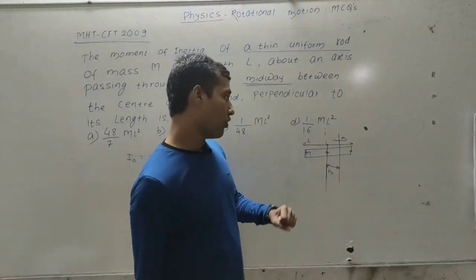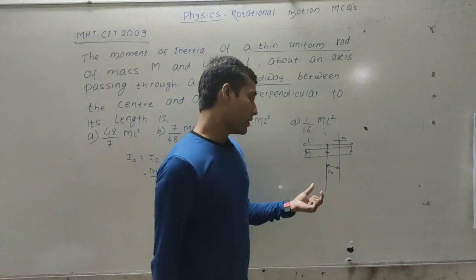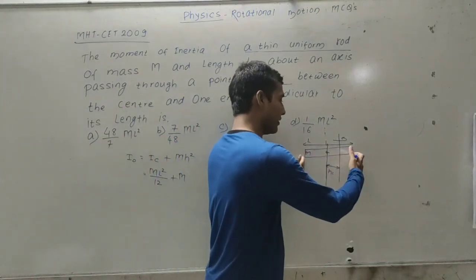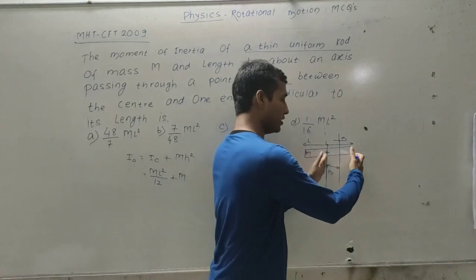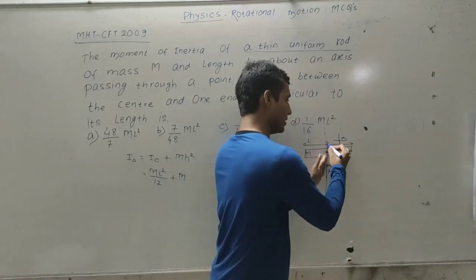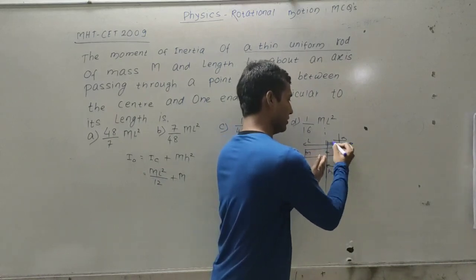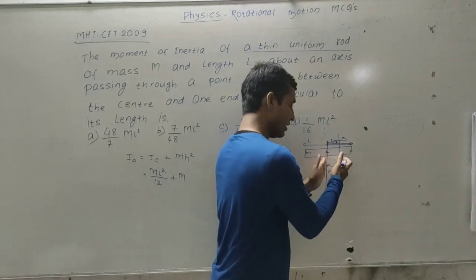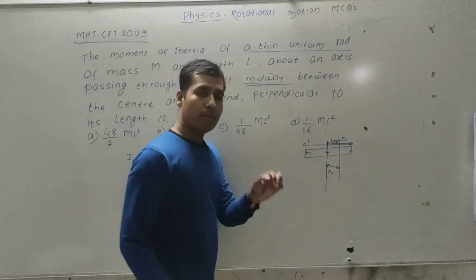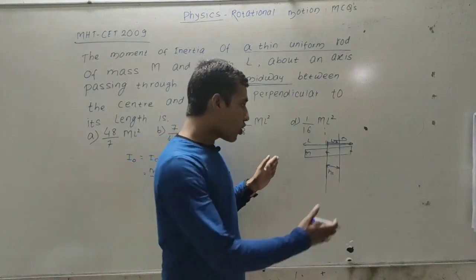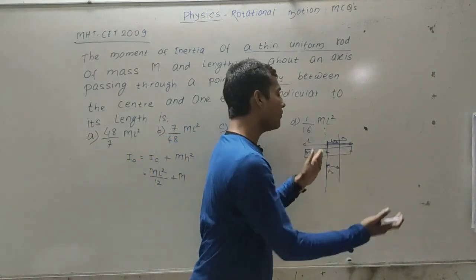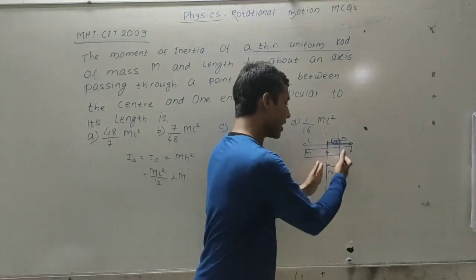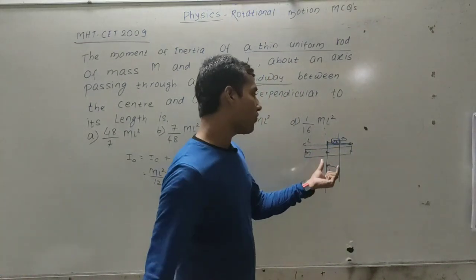So what will be the value of h? We have to take the proper value of h. The total length of the rod is L, so half length will be L by 2. But we have to take the distance between these two axes, which is half of L by 2.